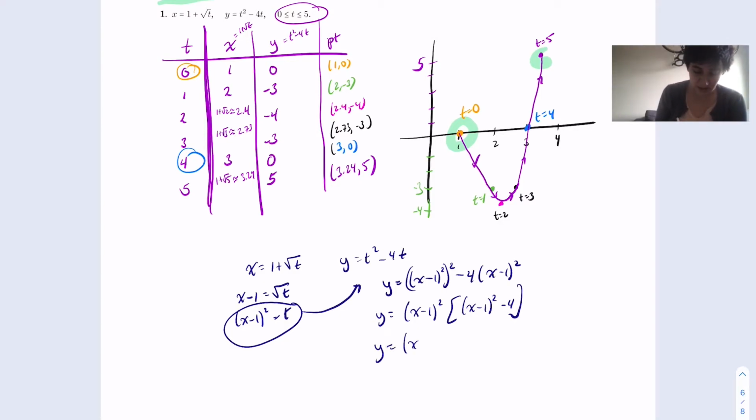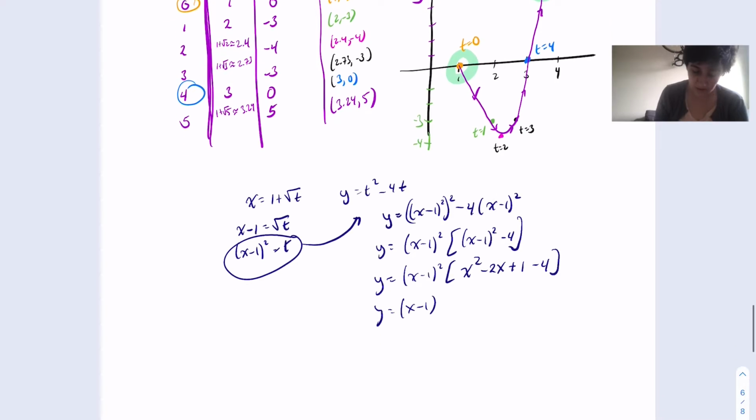Expanding, y equals x squared minus 2x plus 1 minus 4, which is x squared minus 2x minus 3.